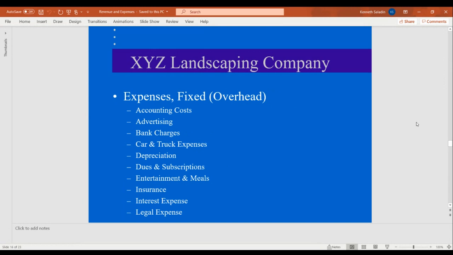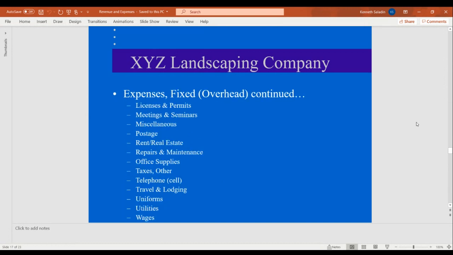You can just look the list over and see for yourself what they are. All right, so everything on these two slides that I just showed you would generally be considered fixed expenses by most companies.